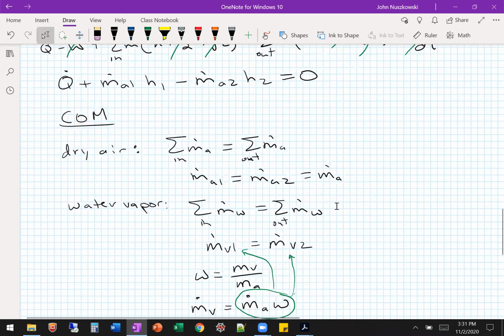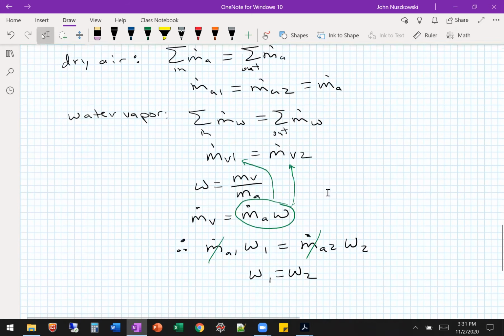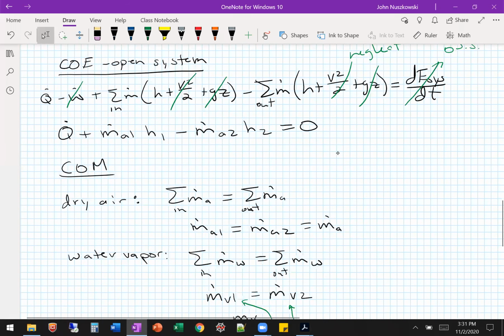Okay, so we have enough to simplify our conservation of energy. We went through the conservation of mass, so go back to this conservation of energy, and we can put the mass flow rates together.